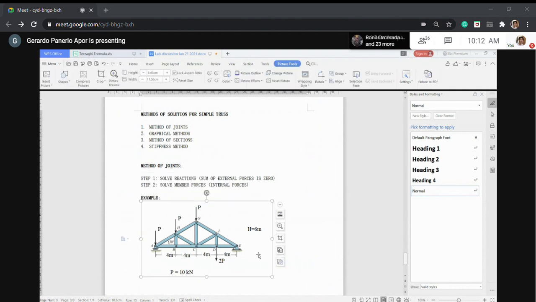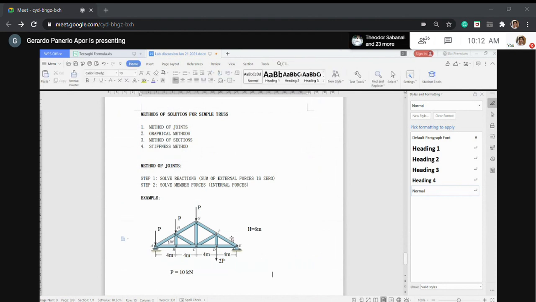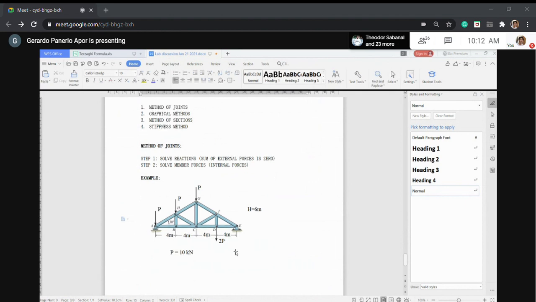So we have here a truss, no? So we still have, I think, 15 minutes. If we try to understand, forces are loaded at the joints. That is how a truss is, so it should be located at the joint. So we have four loads here.